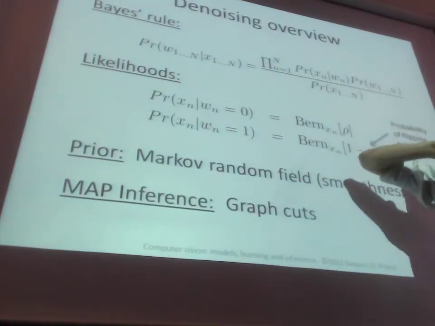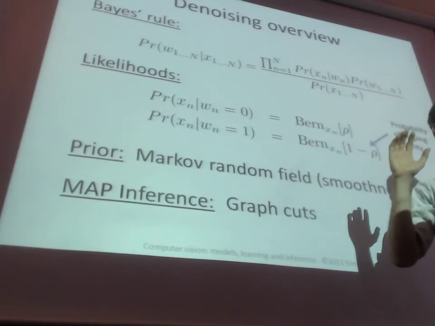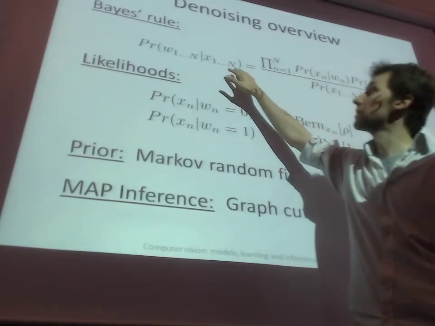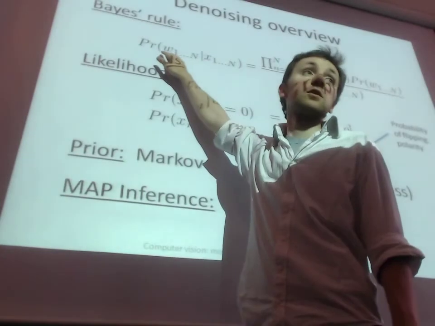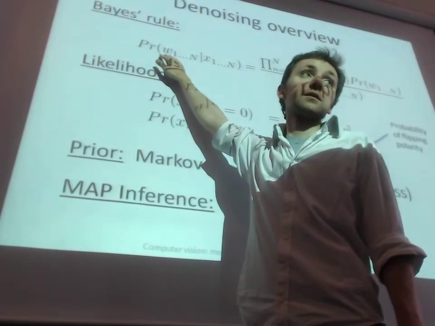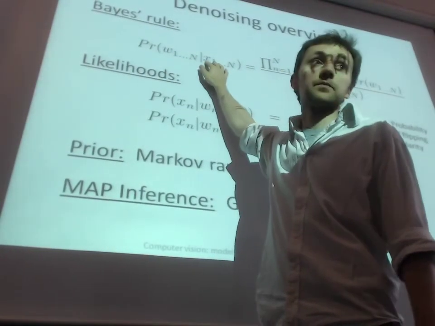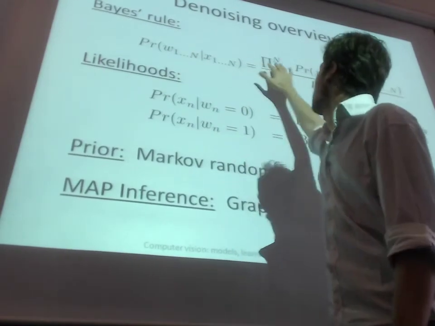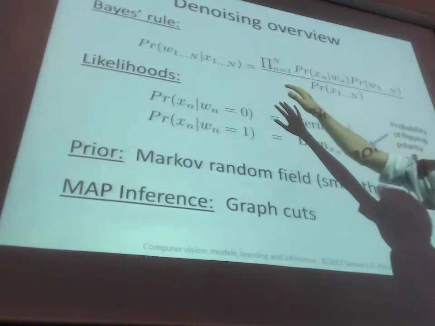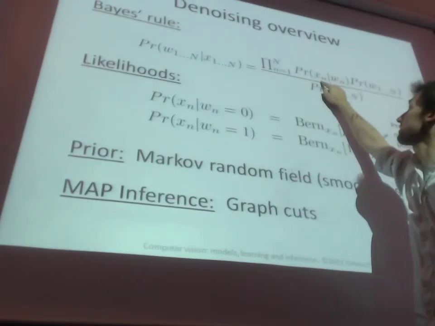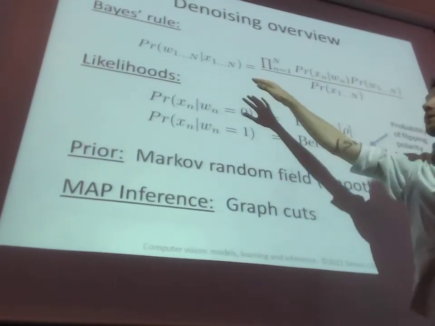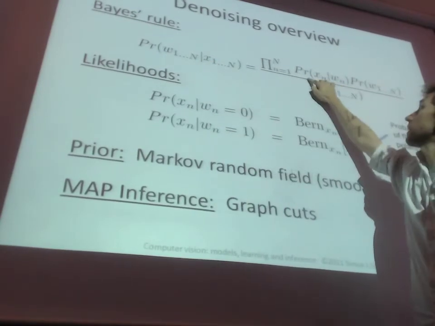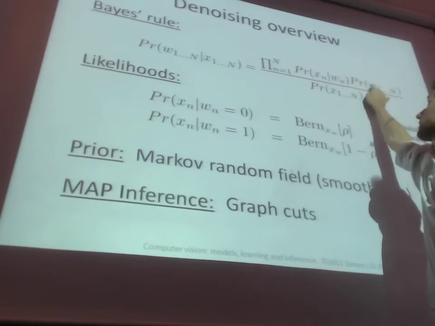Now, if we were doing this as a discriminative model, we would just have a distribution over world state that would take a function of x. But we're not doing that. We're going to use all of Bayes' rule. We're going to talk about the probability of x given w, which means we're using a generative model. We're going to talk about its prior.